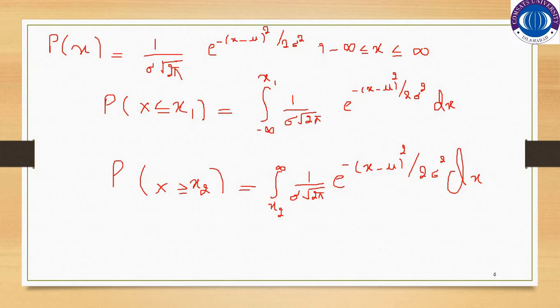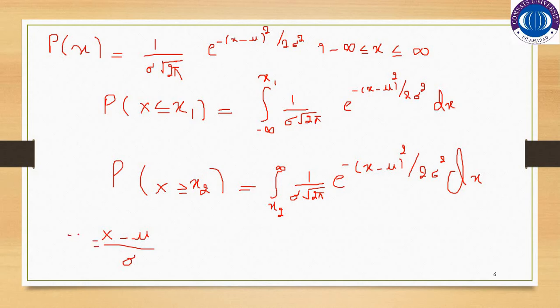So to make it easy, you will transform this variable x into a new variable z, which we have already done in the previous lecture.